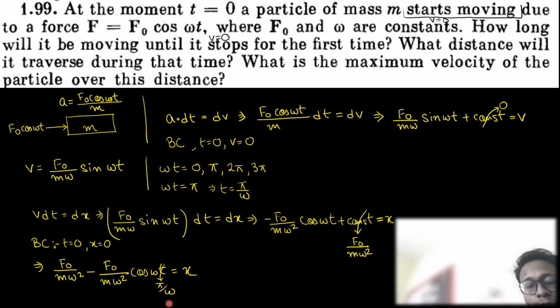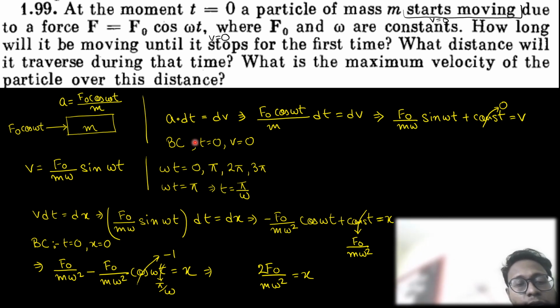The value of cos pi is nothing but -1. So this entire term would be -1. So here we get F naught by m omega square, minus and minus becomes plus, F naught by m omega square, which gives x equal to 2 F naught by m omega square.